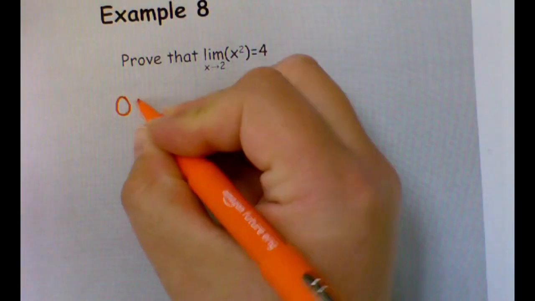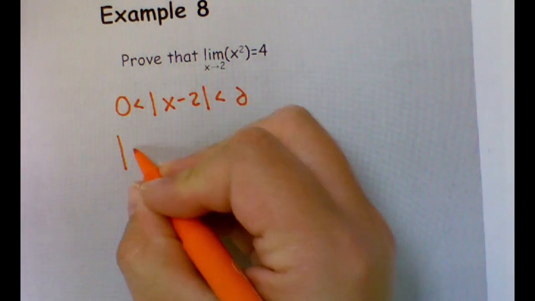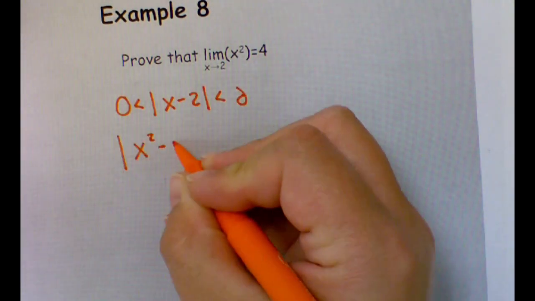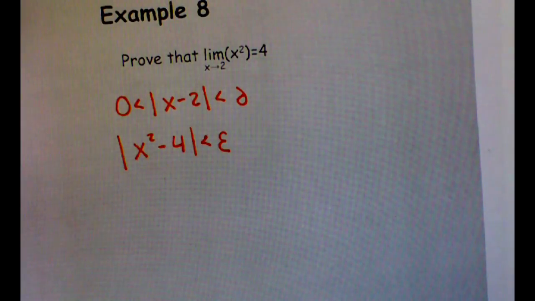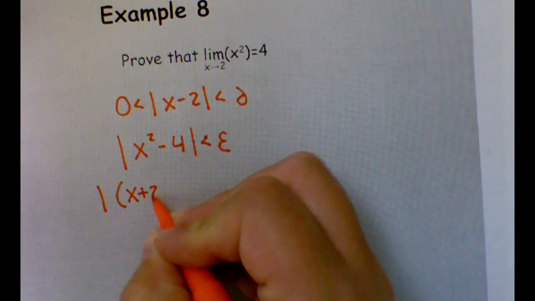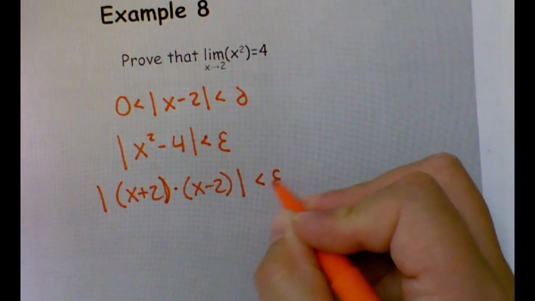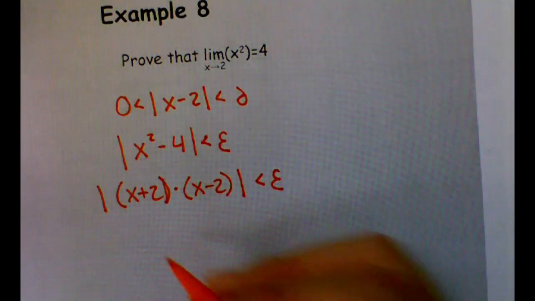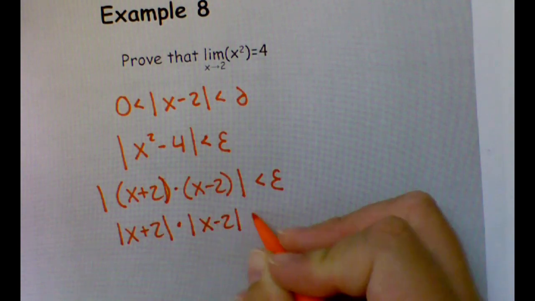All right, let's prove one more here. So I start with 0 is less than the absolute value of x minus 2 is less than delta, and the absolute value of x squared minus 4 is less than epsilon. Now this one's got a funky situation because I have to factor this. So I get x plus 2 times x minus 2 is less than epsilon. Now I can separate those out. So the absolute value of x plus 2 times the absolute value of x minus 2 is less than epsilon.